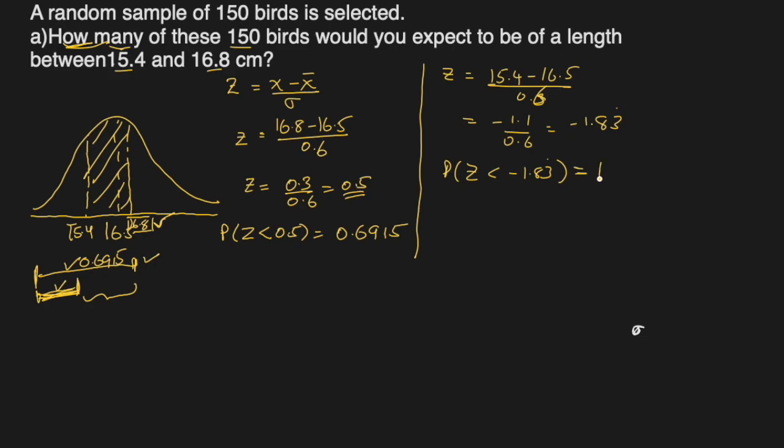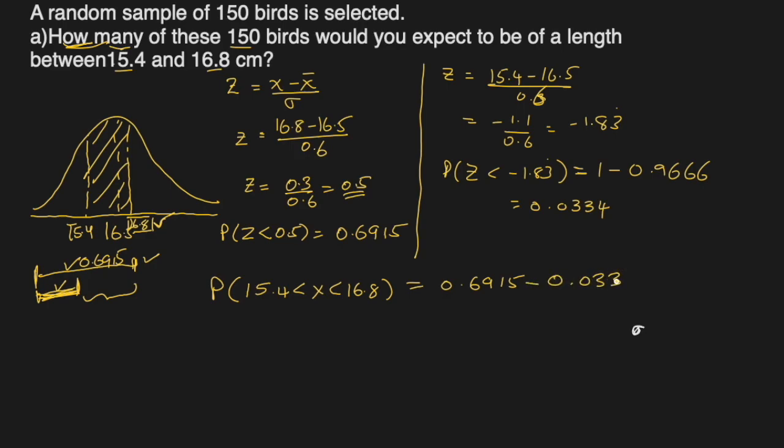In case of negative, we will write 1 minus 0.9666. That's how we take care of the negative sign, which will be 0.0334. Okay, so now we have to find the probability of X between 15.4 and 16.8, and for that we'll subtract 0.6915 minus 0.0334. Answer is 0.